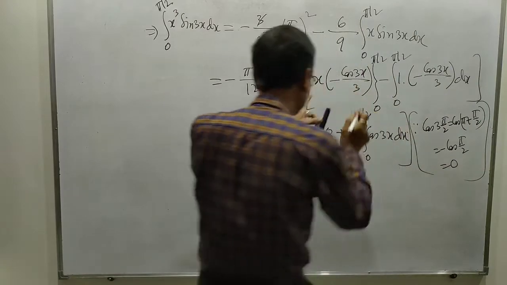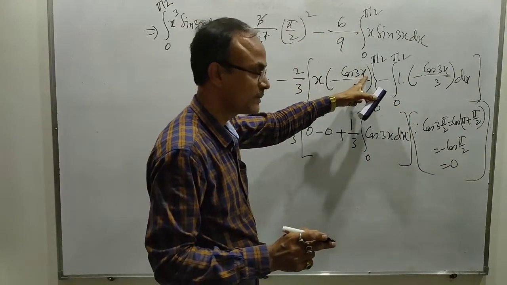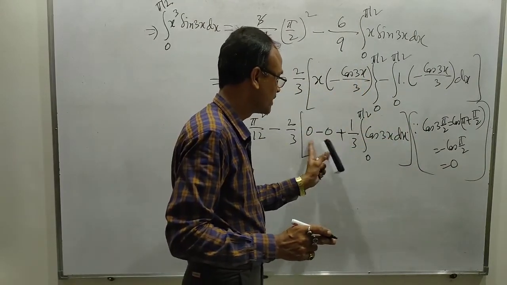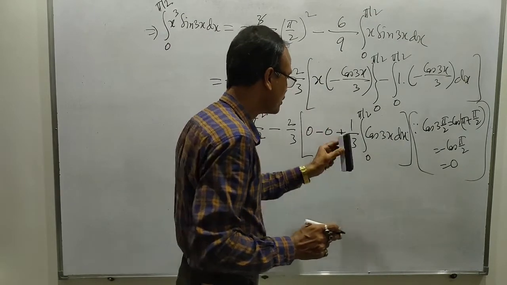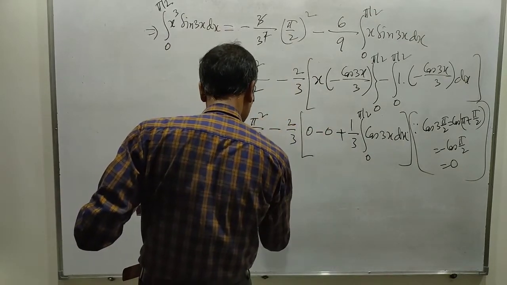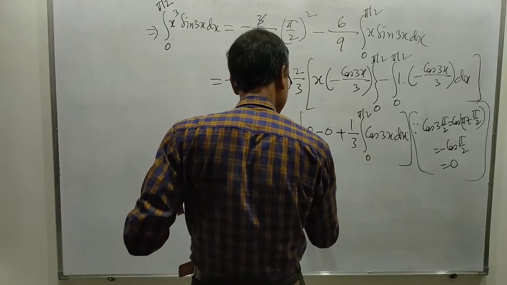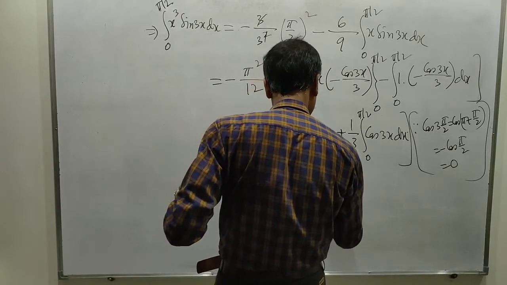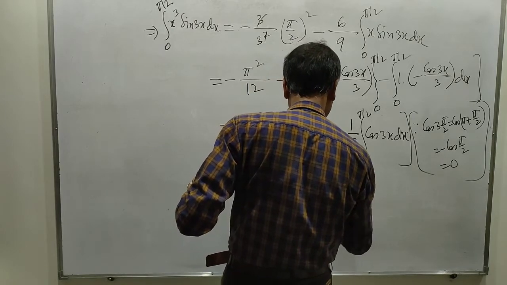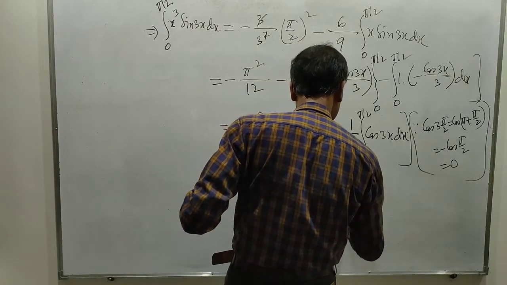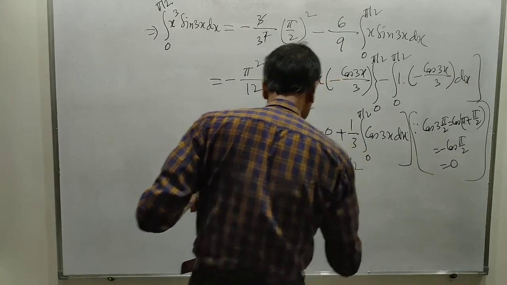Therefore, if you put x equal to 0, it is 0, and cos 3 pi by 2 is again 0, so we have no contribution from this term. This is equal to minus pi square by 12 minus 2 by 9 times sin 3x divided by 3 from 0 to pi by 2.